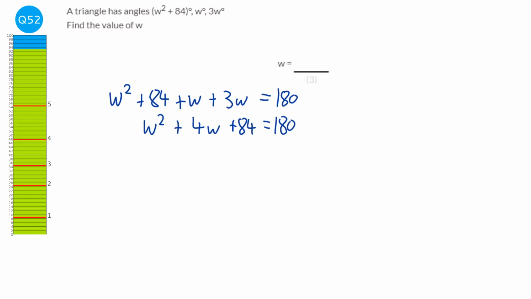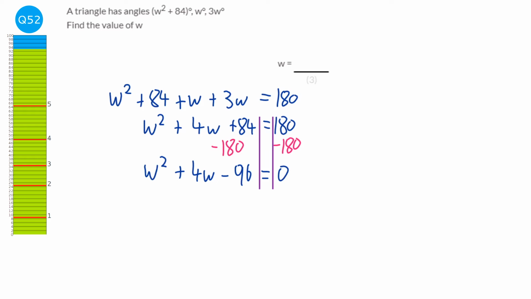Now, with quadratics, whenever we're looking to solve, we want to have it equal to 0. So we're going to take away the 180 from both sides, so it equals 0. So we've got the w squared plus the 4w, but we want to take away the 180 from it, which will give us minus 96 equals 0.